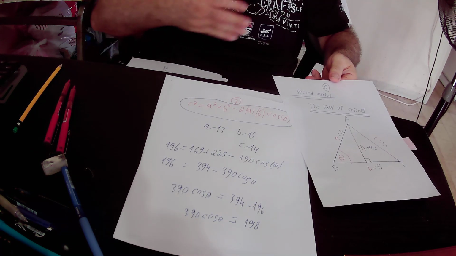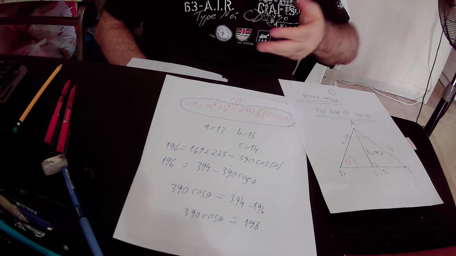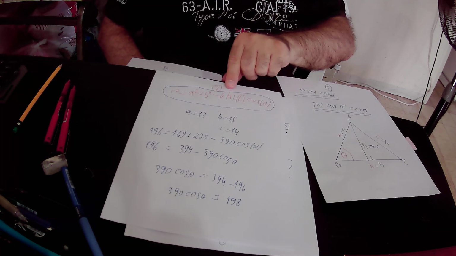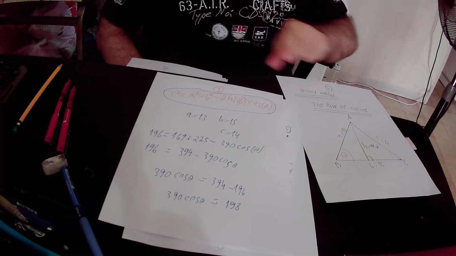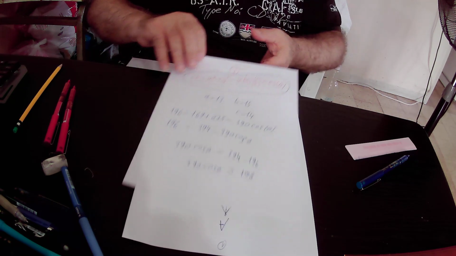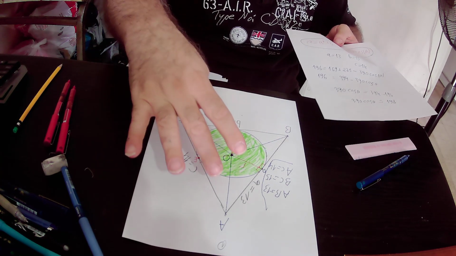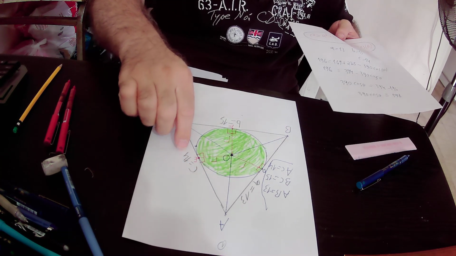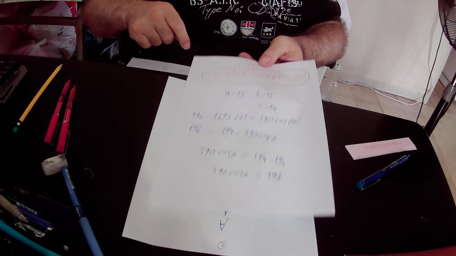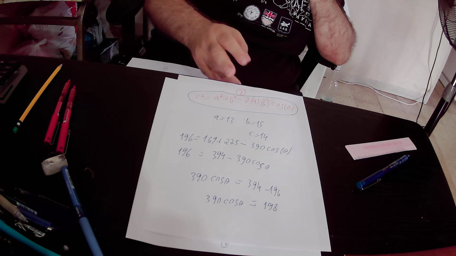Okay, so we can implement the law of cosines in our triangle ABC, because we know that this side A equals 13 units, this side C equals 14 units, and this side is B, that is 15 units. So we have all the variables inside this equality.